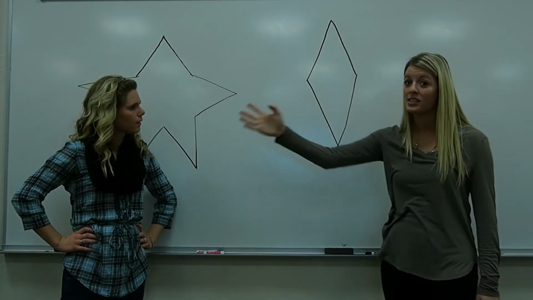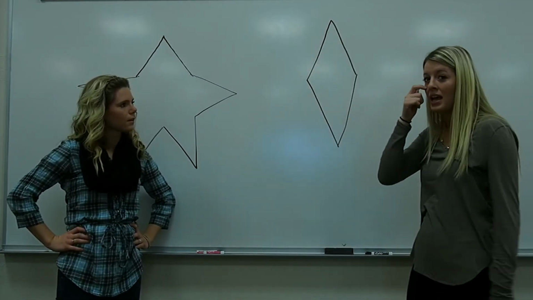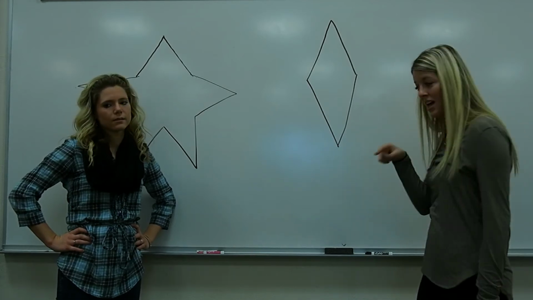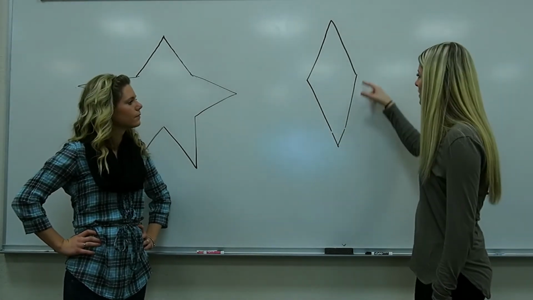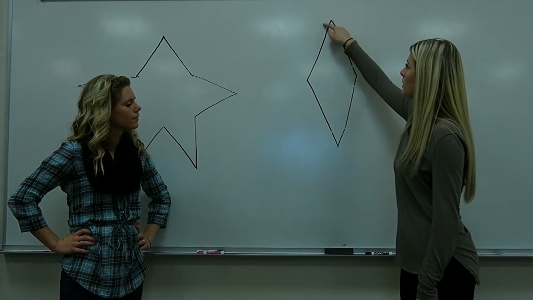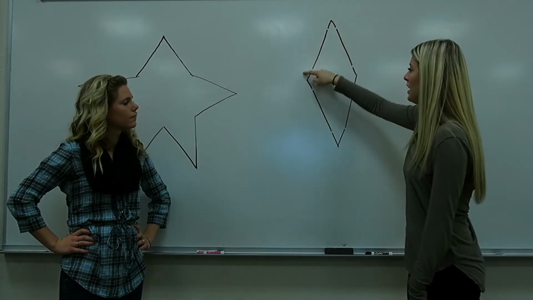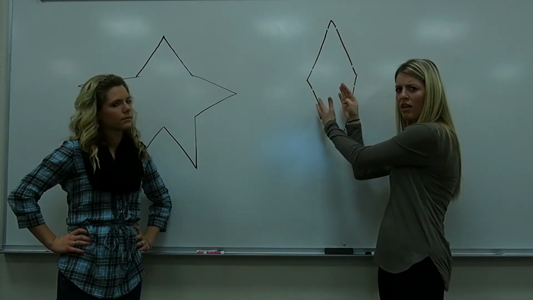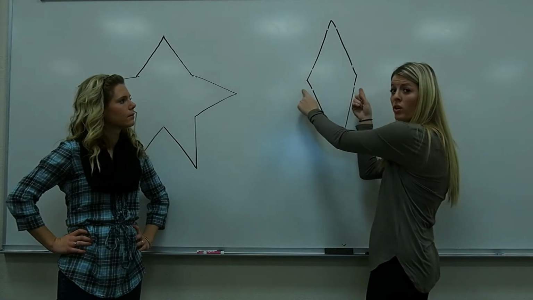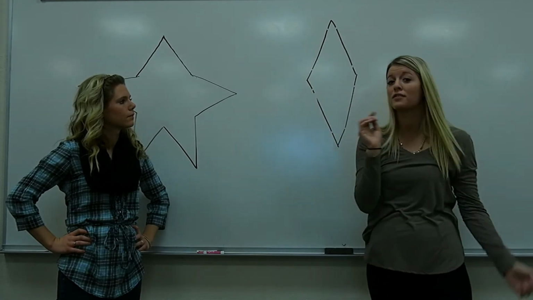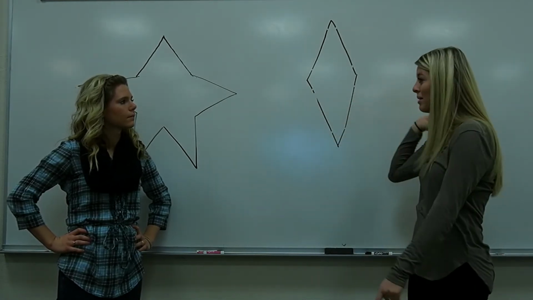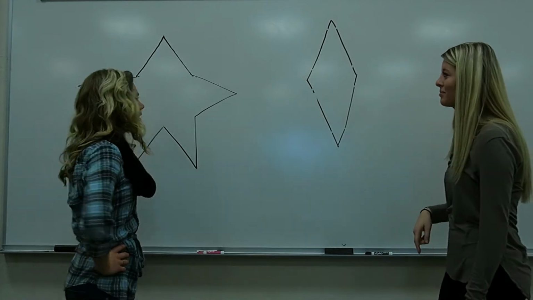There are 4 sides on a rhombus. And the vertices that connect these sides are 1, 2, 3, 4. And even though these are kind of squished together, there's still vertices and corners of these flat lines. So there's 4 vertices on a rhombus. Awesome! I didn't know that.